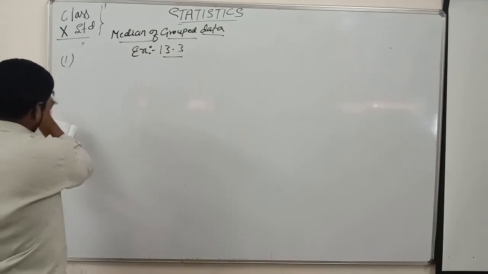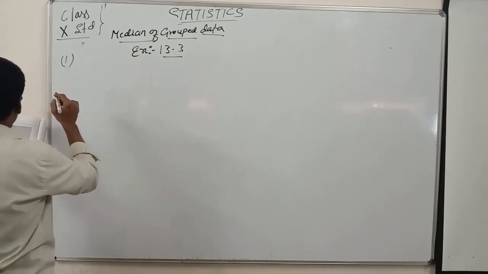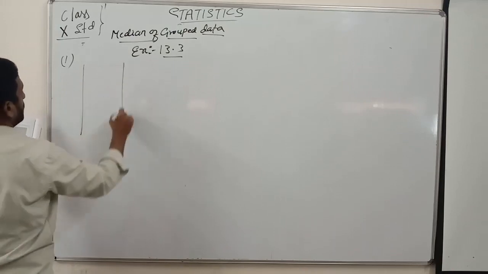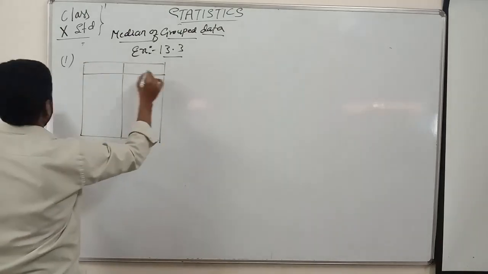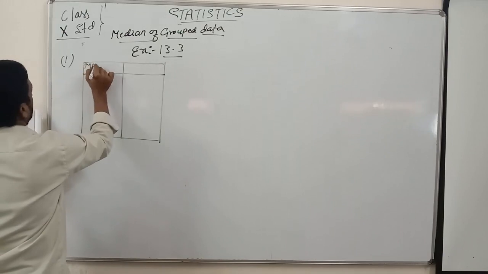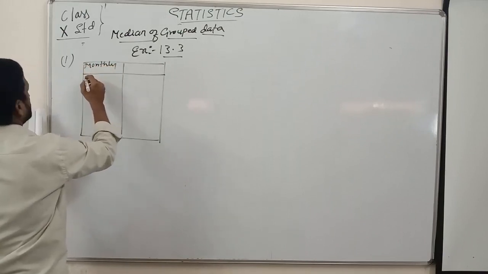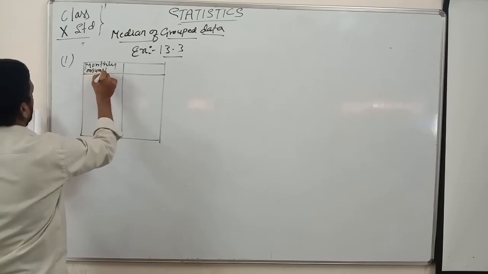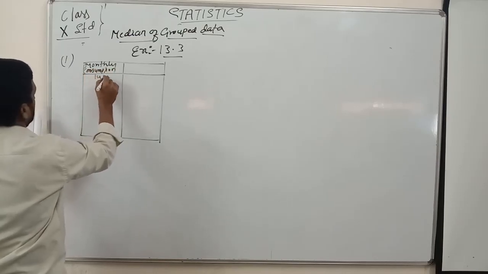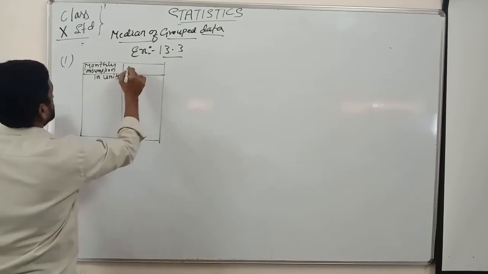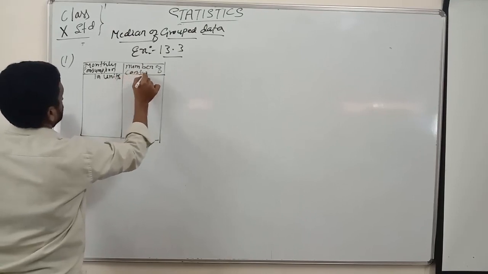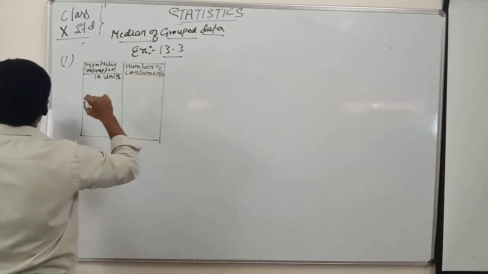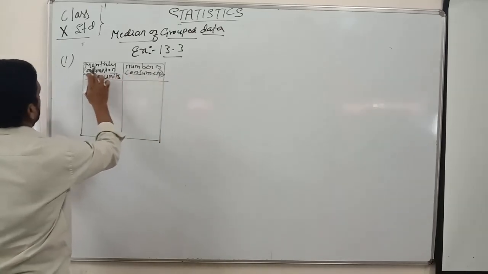See here, first the table: monthly consumption in units, and number of consumers.